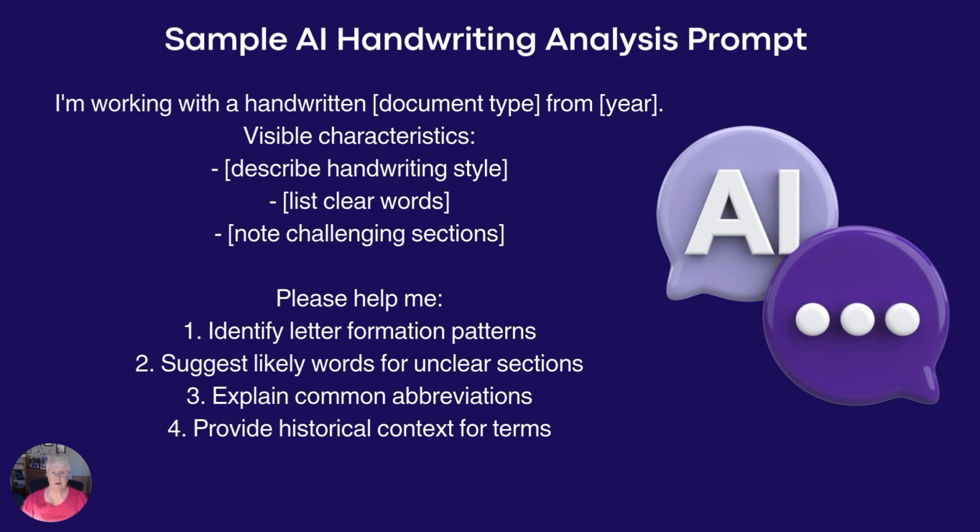Here's a list of the clear words, and here's a few of the challenging sections. Then ask the tool to help you identify letter formation patterns, suggest likely words for the unclear sections, explain any common abbreviations, and provide historical context for the terms.